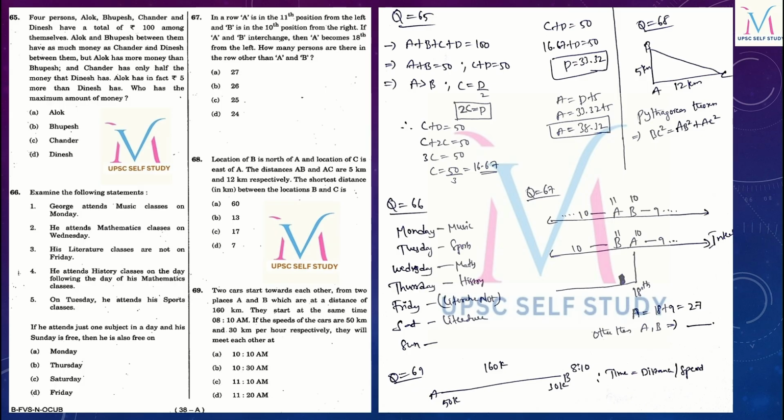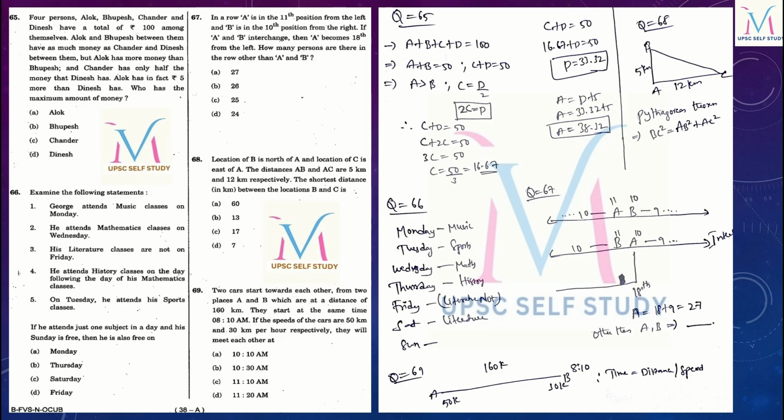Alok has in fact 5 more than Dinesh has, who has the maximum amount of money. So if Alok has 5 rupees more than Dinesh, then who has more?